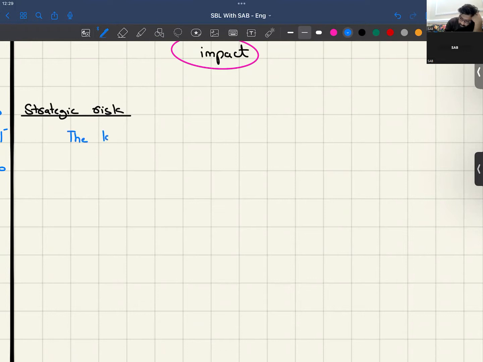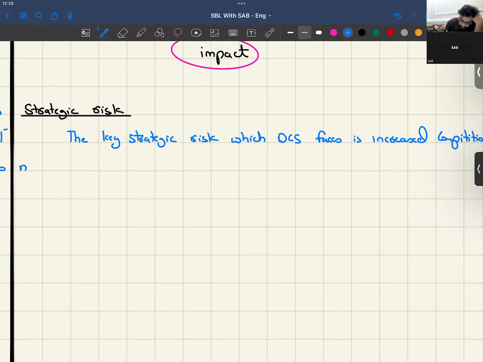Now, the key strategic risk which DCS faces is increased competition in data communication components manufacturing, right?